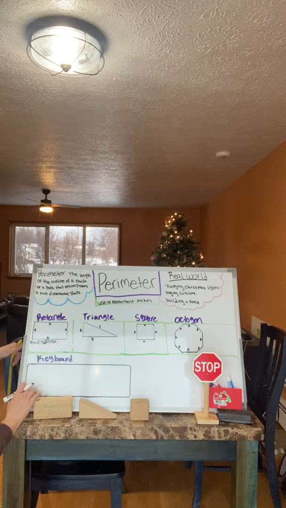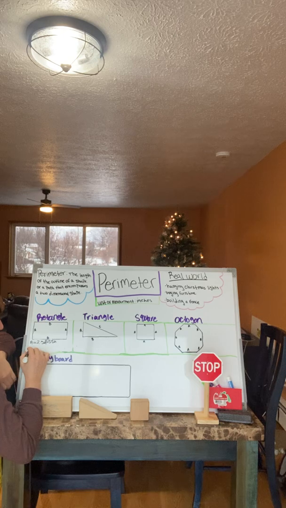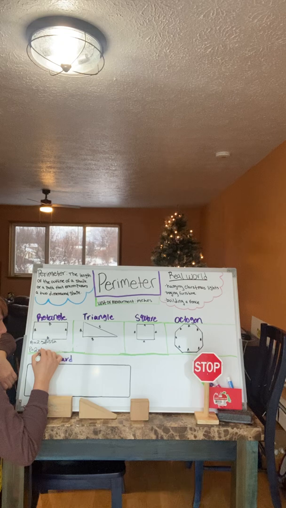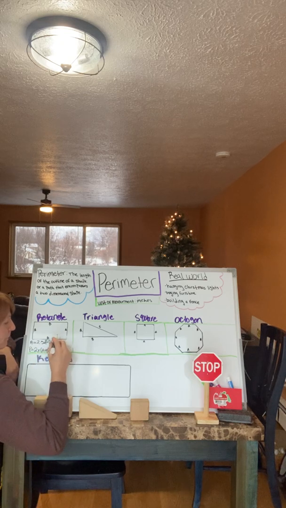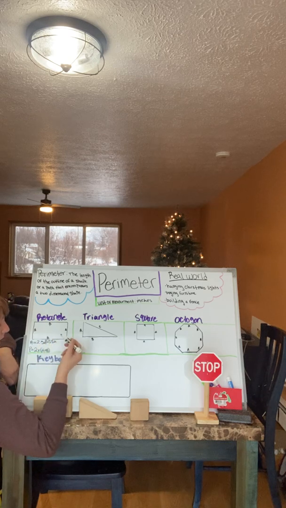Okay, so let's talk about the formula for a rectangle. So perimeter is going to equal 2 times A and B. So we're going to do this. We're going to go parentheses A plus B. We're going to come over here, and our A and our B, we need to add together.